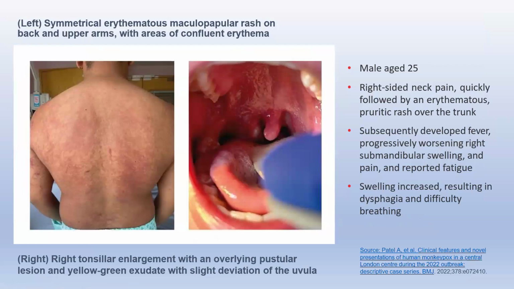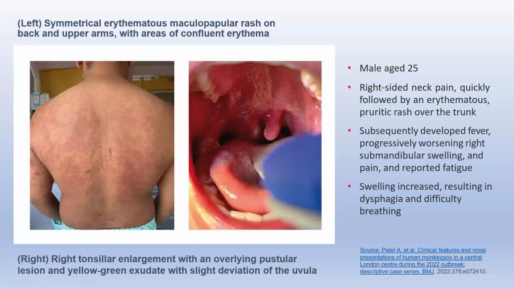In some people, actually, the only thing that you may notice is this maculopapular rash that occurs pretty much all over the body. And then in this patient, as you can see, also there was involvement of the oropharynx. So be aware of atypical presentations, especially in immunocompromised patients, HIV-infected patients who are not virally suppressed and who have low CD4 count.